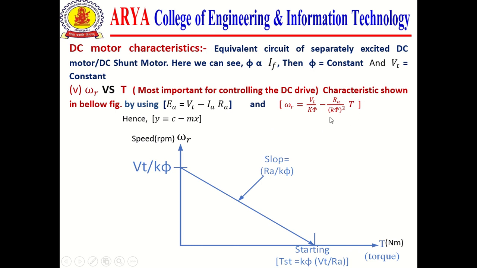So put the value of T equal to 0, and we calculate this constant speed Vt upon K phi. If torque increases gradually by putting mechanical load on the DC drive, the speed of the DC motor decreases by the slope of Ra upon K phi squared. So if we change the slope, Ra and K phi, then we change the speed decrement.